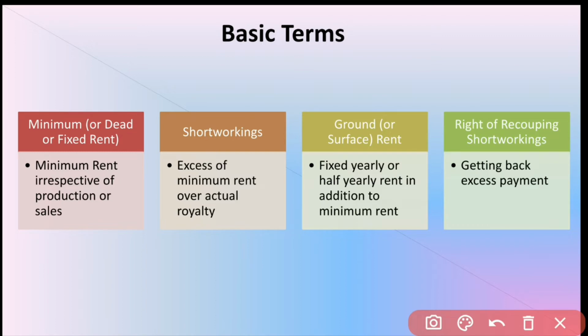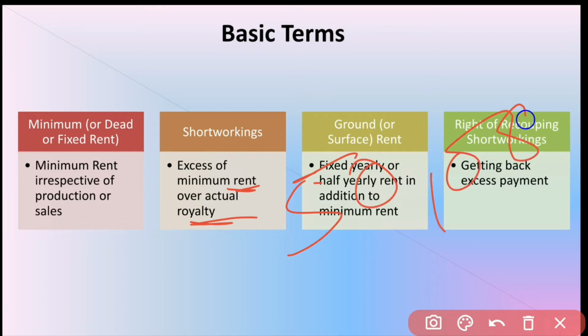Next comes the short workings. What is short working? It is the excess of minimum rent over the actual royalty. Say my actual royalty was 50,000 and my minimum rent is 60,000.